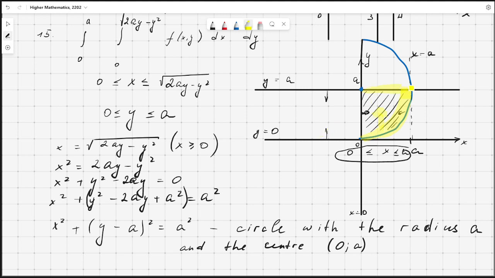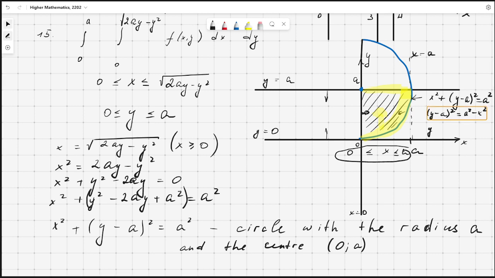Here, find y. This line is x squared plus y minus a squared equals a squared. It means y minus a squared will be equal to a squared minus x squared.